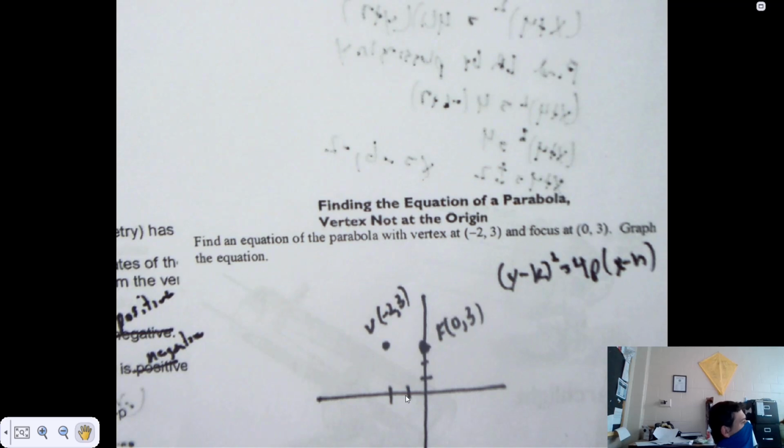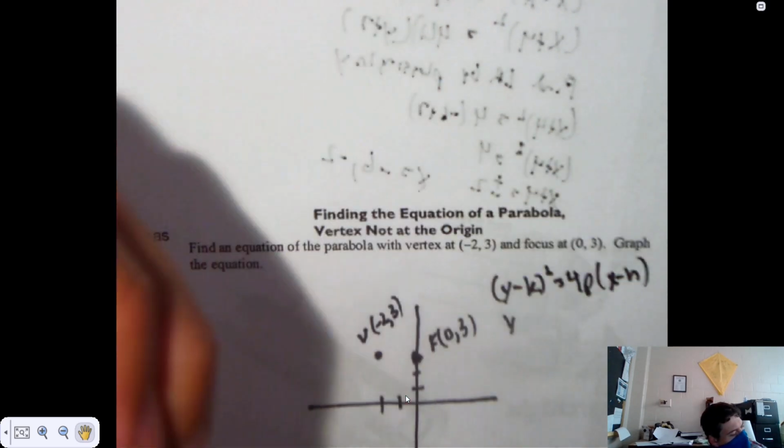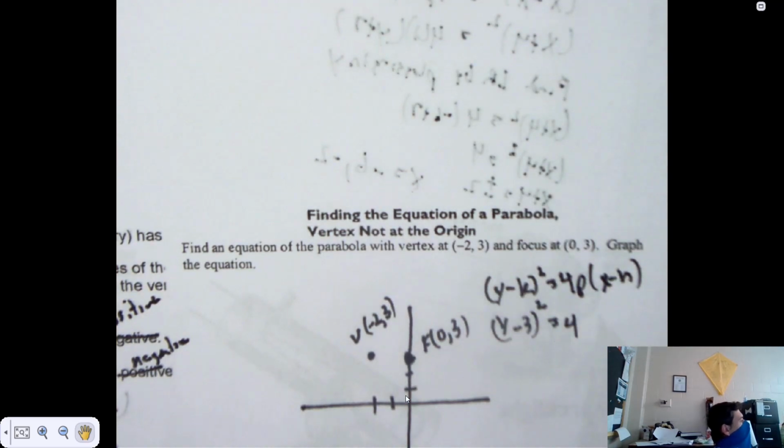There you go, y minus k squared, equals 4p times x minus h. So I guess we'll have a y, take away a 3 that's squared, equals 4p. I can find p.